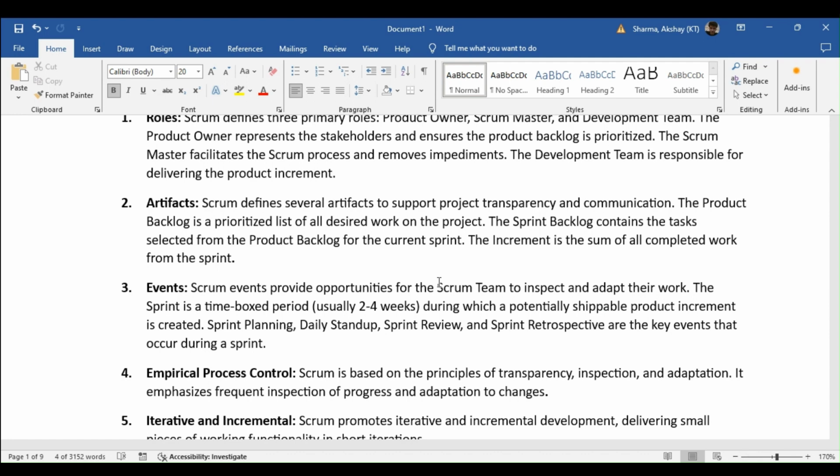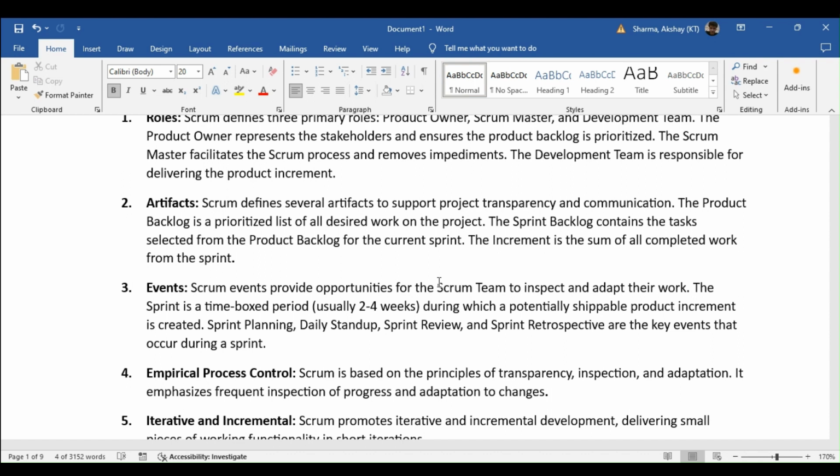The third aspect is the events. Scrum events provide opportunities for the Scrum team to inspect and adapt their work. The sprint is a time-boxed period, usually 2 to 4 weeks, during which a potentially shippable product increment is created.